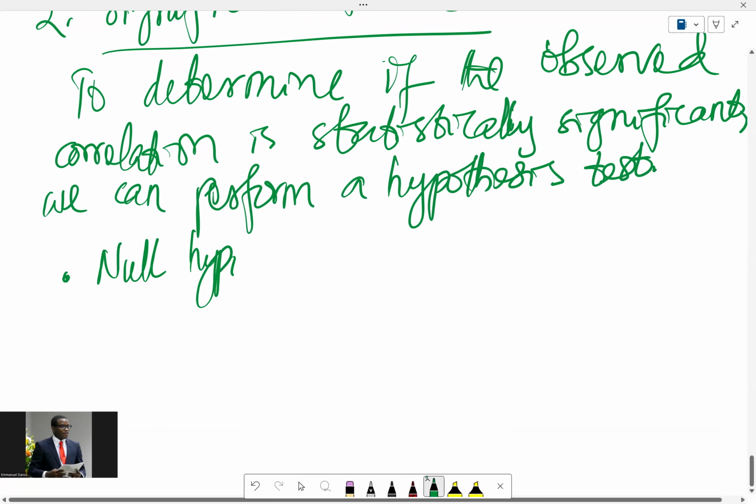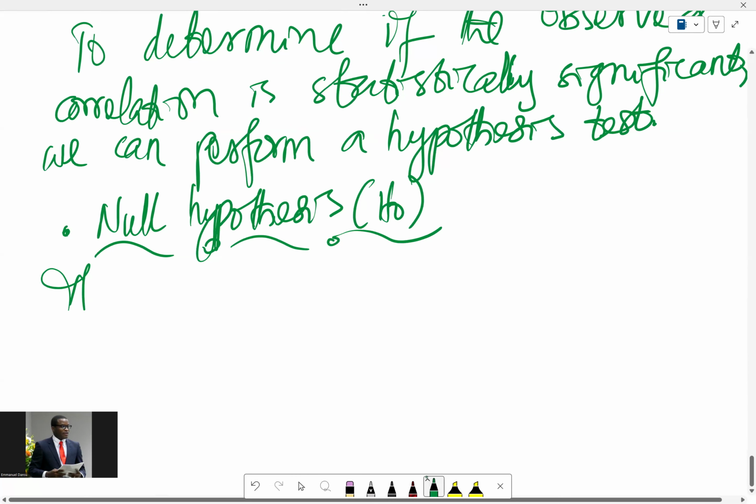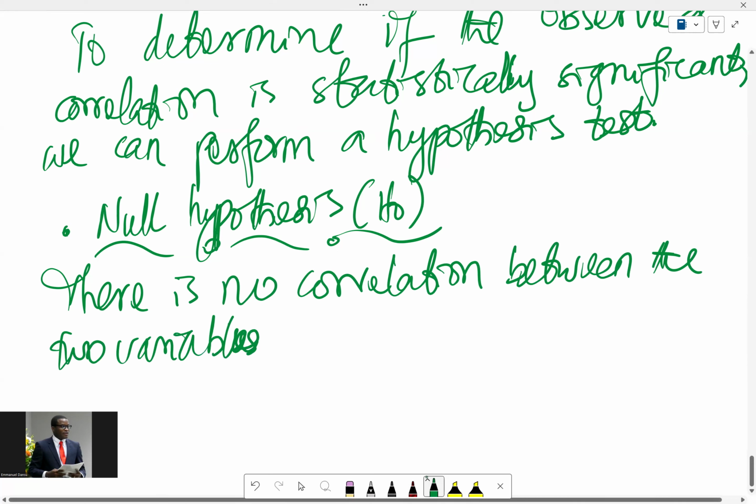Null hypothesis, which is H naught, is that there is no correlation between the two variables. That means that rho is equal to 0.